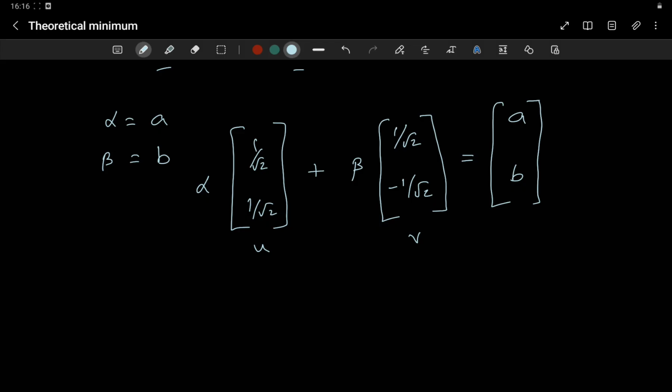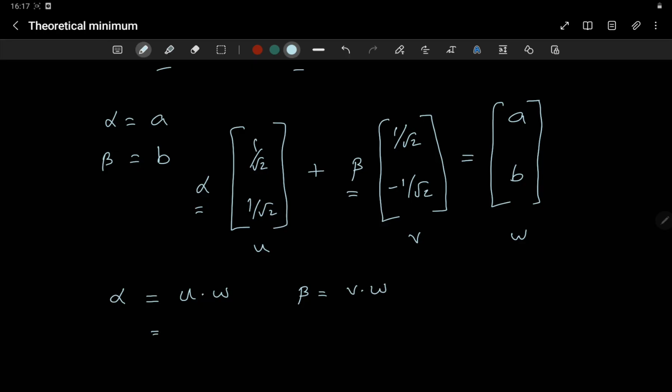The advantage is calculating alpha and beta is very easy. Let's say this is w. Alpha is nothing but u dot w, and beta is nothing but v dot w.